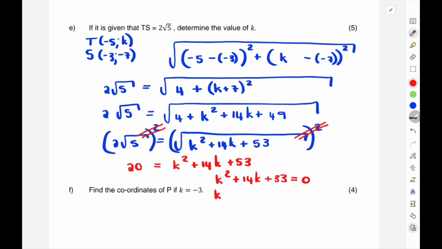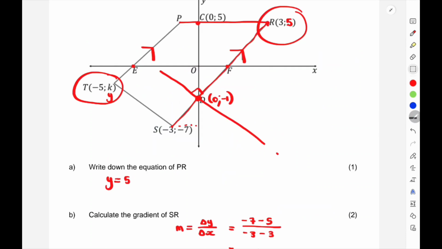Then we have to factorize. They're both positive, so 11 times 3, and 11 plus 3 gives you 14. So K is either negative 11 or K is negative 3. Now we need to look where that coordinate was lying. It was lying over here.